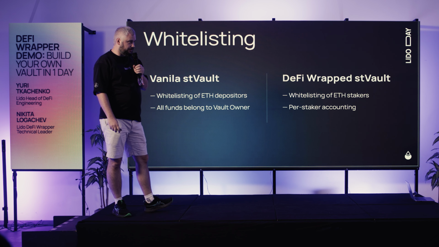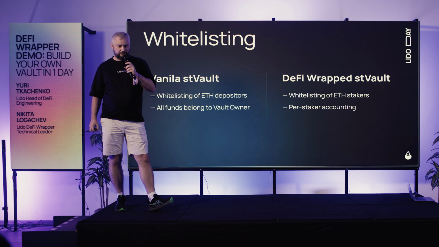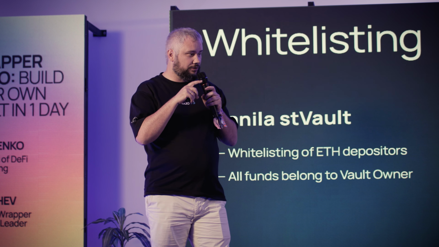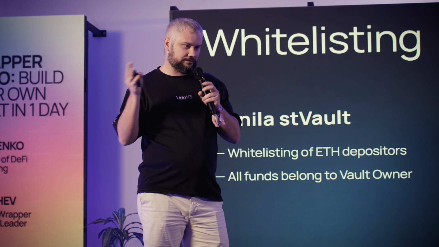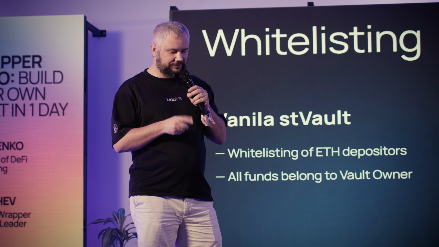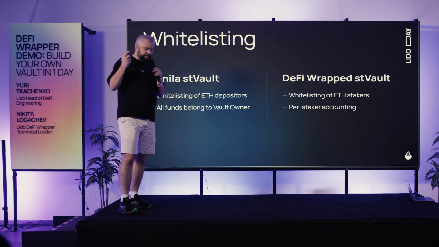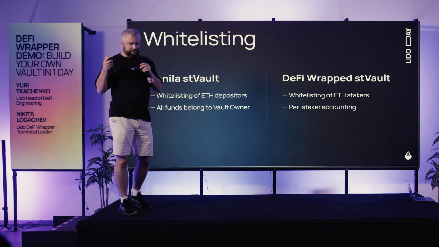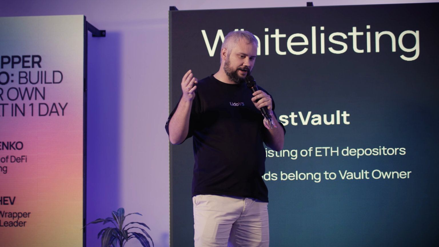Although the staking vault also has some kind of whitelisting, it only whitelists depositors, so funds belong to the vault owner itself, they are combined. In DeFi Wrapper, whitelisting works differently: you can define accounts that will be whitelisted, and they will still have per-staker accounts.